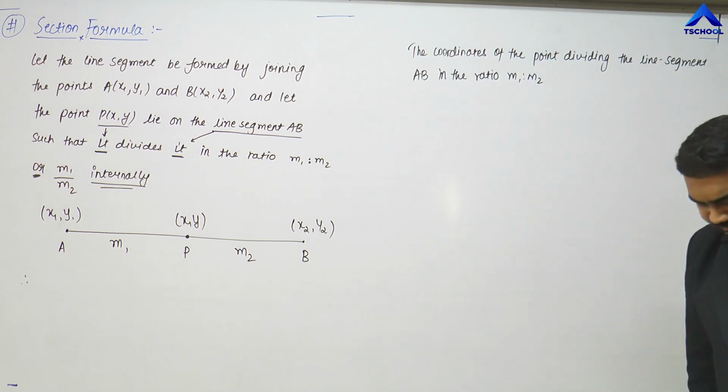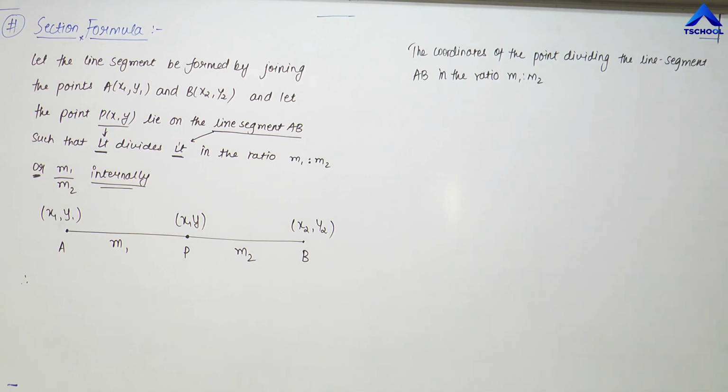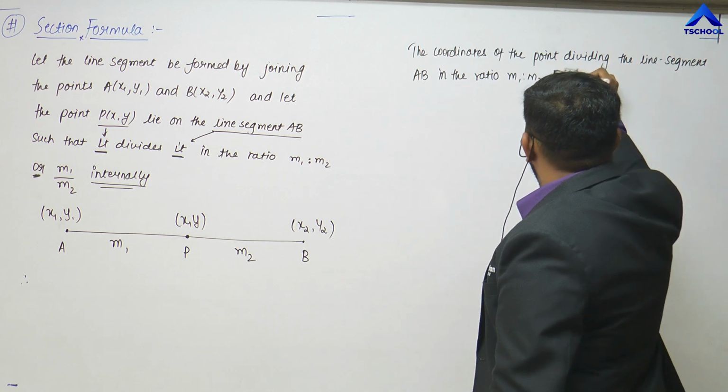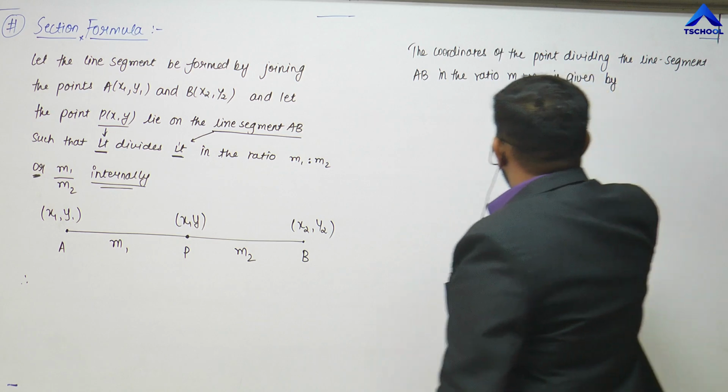The coordinates of the point dividing the line segment AB in the ratio m1 is to m2 is given by P.